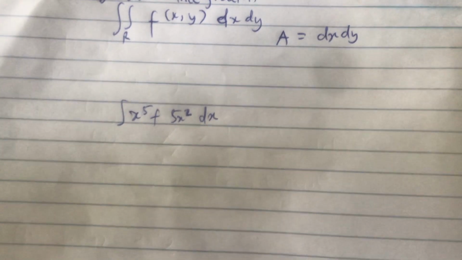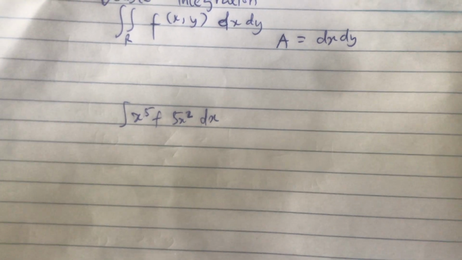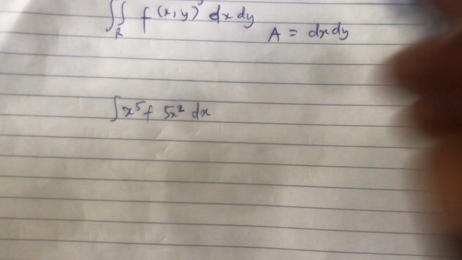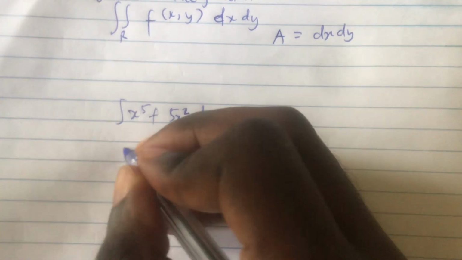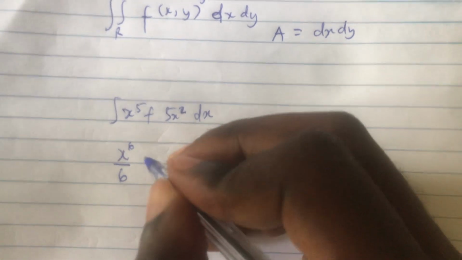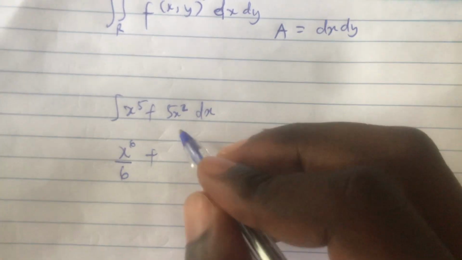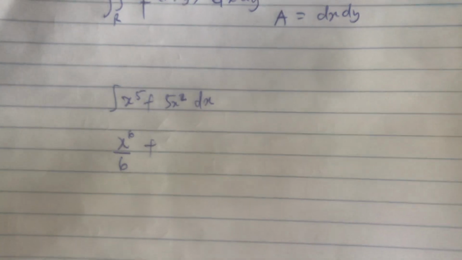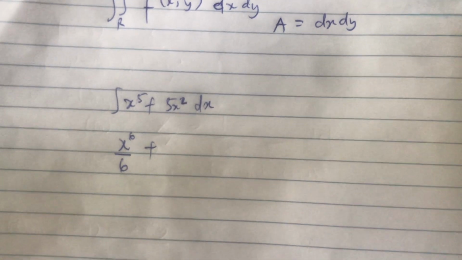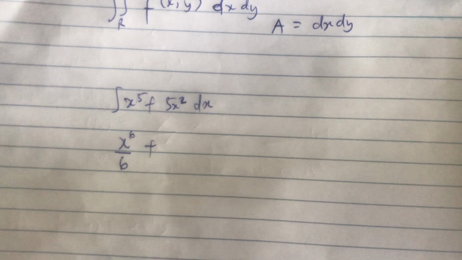So with the first one, we have x power 5. When we add 1 to the 5, we get 6. So for the first term, we have x^6 divided by 6, plus, here we have x raised to the power 2. So when we add 1 to the power 2, we get 3.